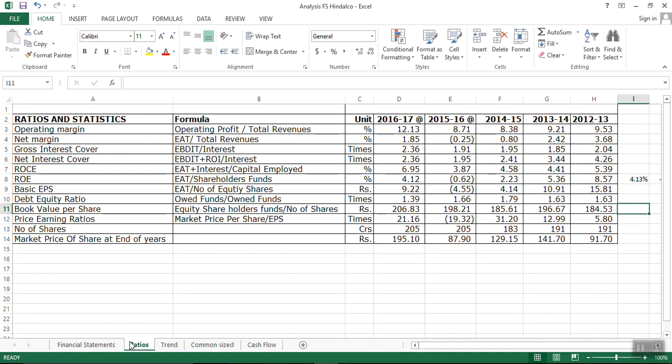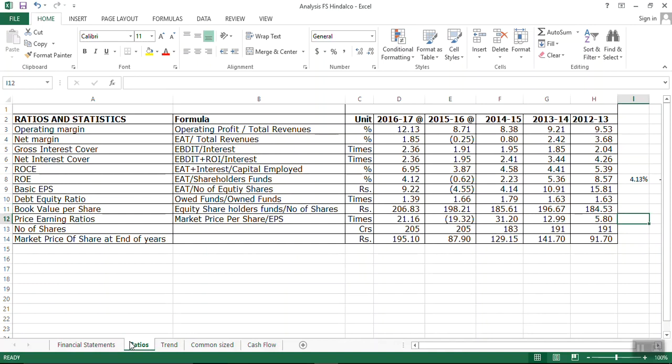Now coming on to the last ratio we have on our sheet, the price earning ratio. This is simply calculated as the market price divided by earning per share. This signifies how many times my earning per share is required to cover my market price.